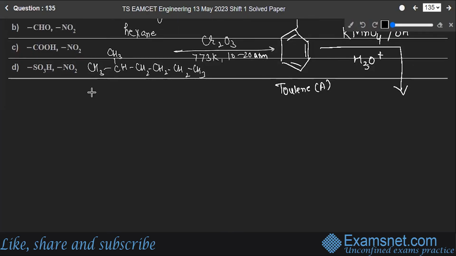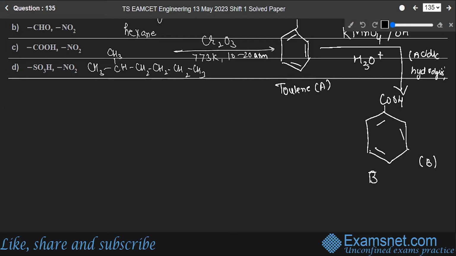This undergoes acidic hydrolysis to give you benzoic acid, which is this, COOH. And this is your B.